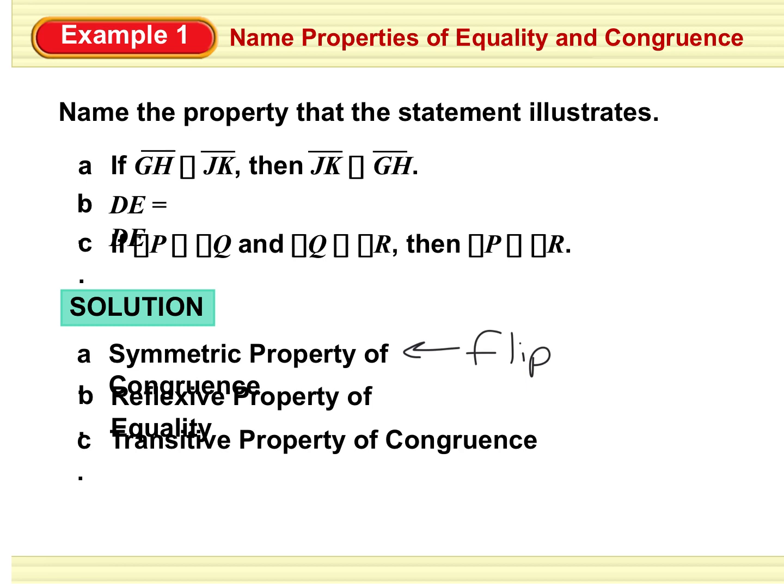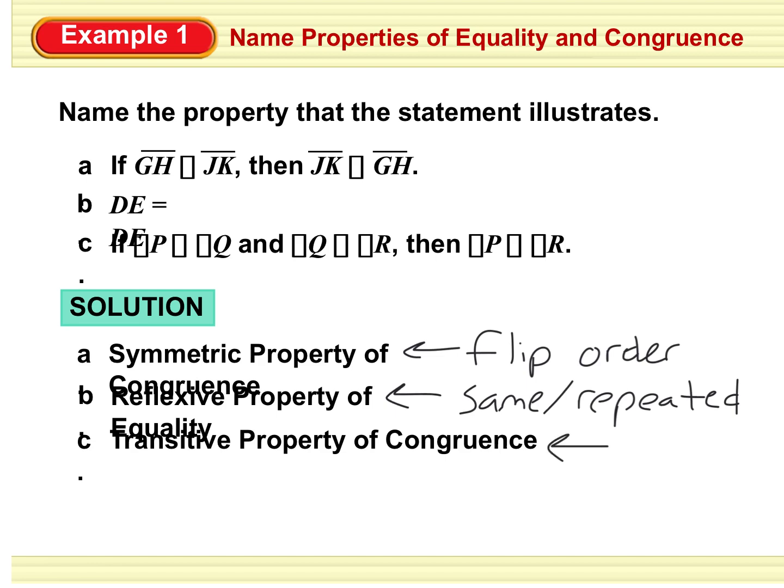I'm going to say flip order. All right. Reflexive. Listen, reflexive means same or repeated. Reflexive means the same or repeated. Transitive, we'll talk about it in a second.